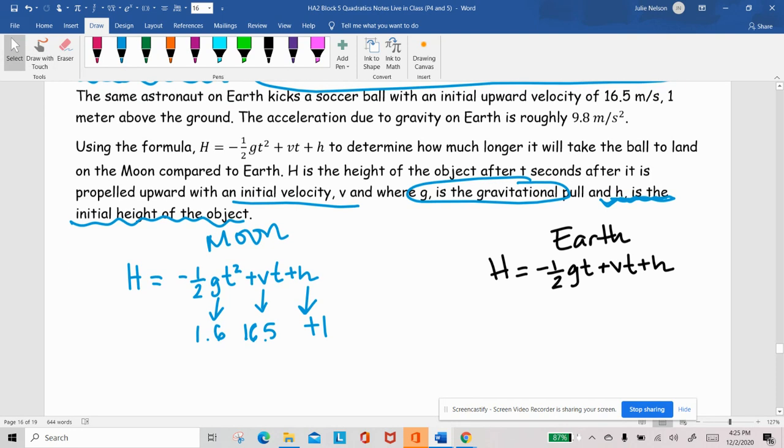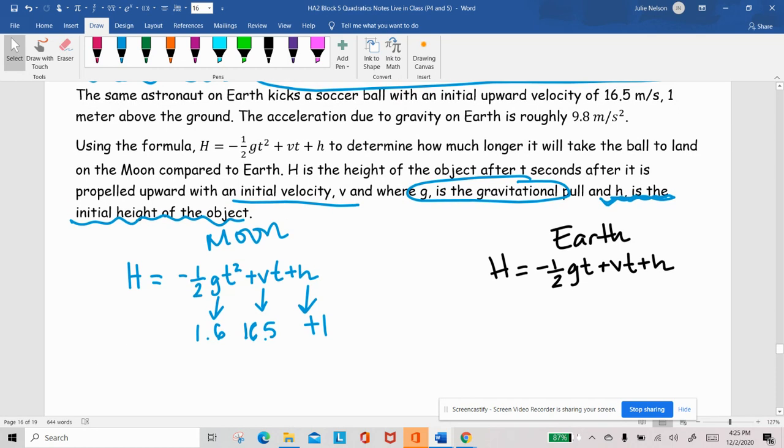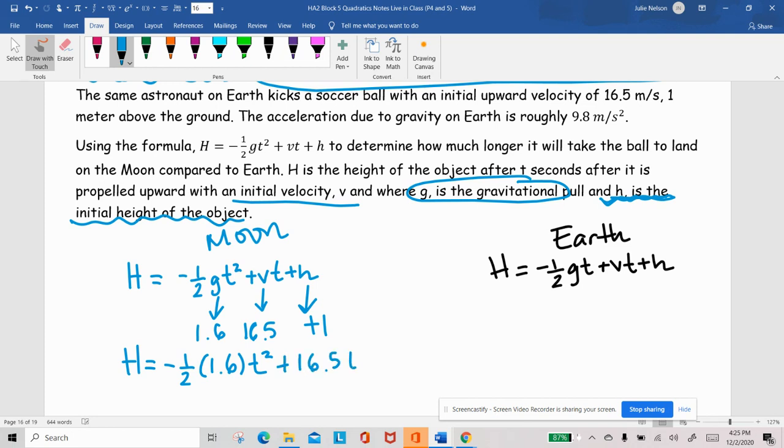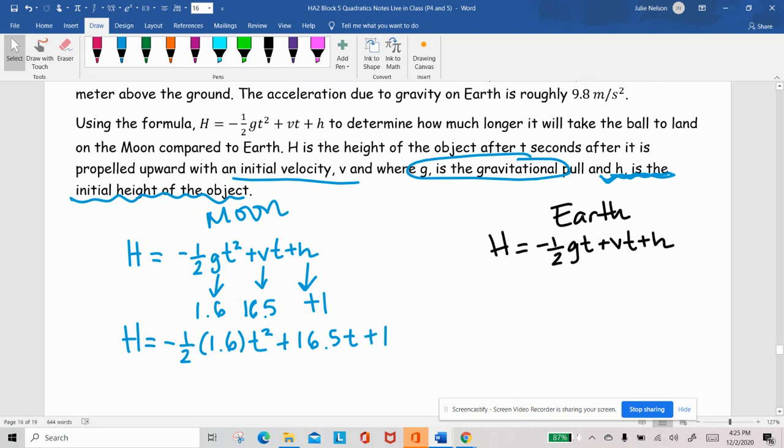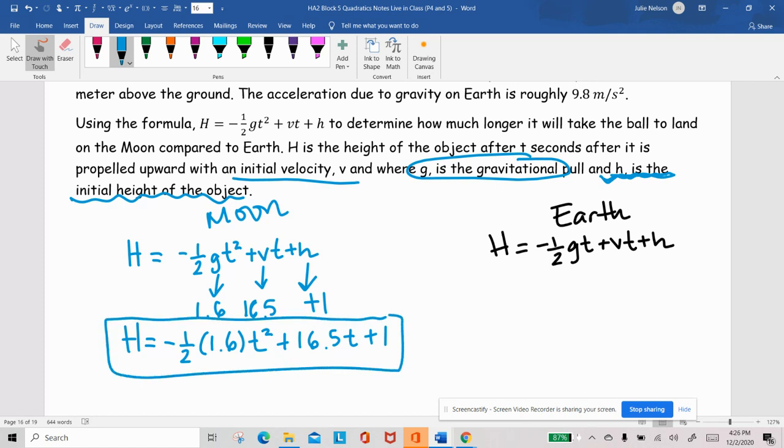So when I write this nicely, I have h equals -1/2 (1.6) t squared plus 16.5 t plus 1. Now I'm going to do the exact same thing. So this right here is the equation of my soccer ball that's kicked off the surface of the moon.